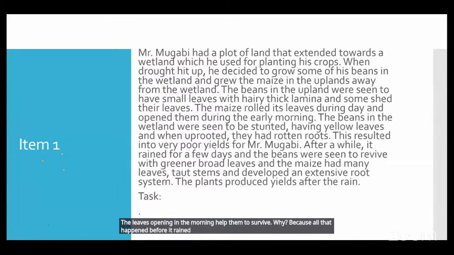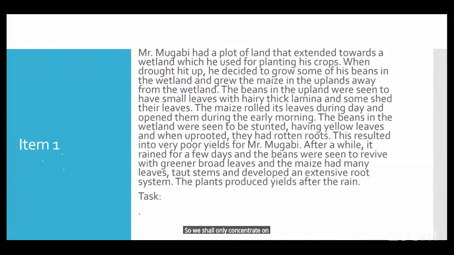So we shall only concentrate on those responses that are given to us under and after a while when it rains. So that's why our responses are only restricted to greener leaves, broad leaves, many leaves, tall stems, and then extensive root system developed.